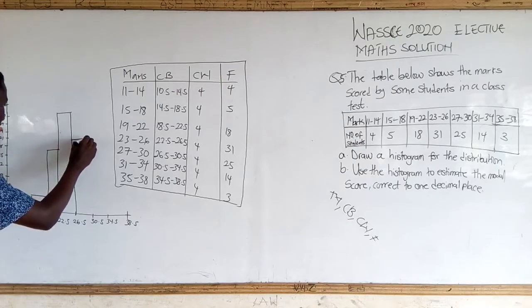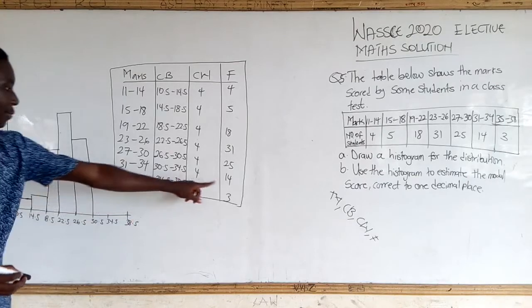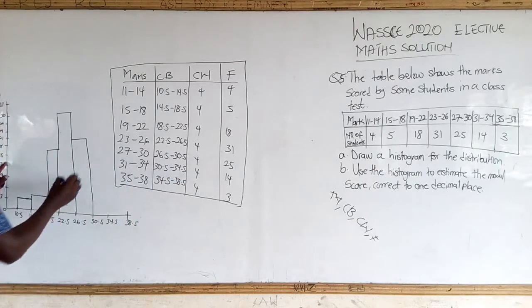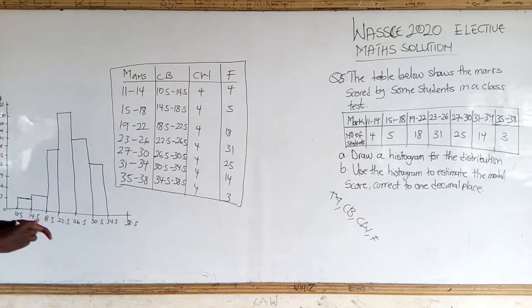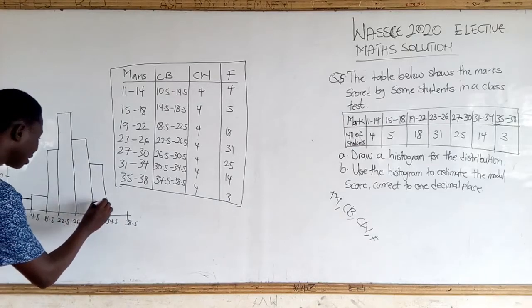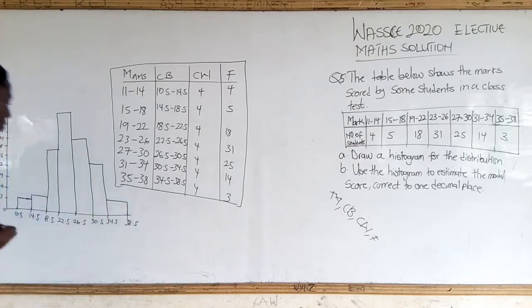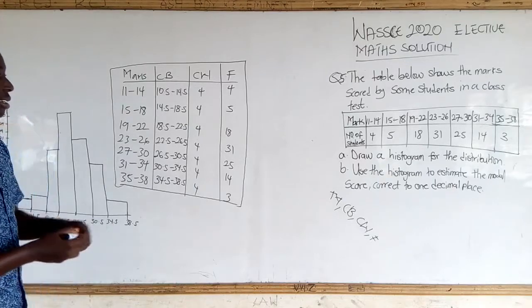Then this one is 14, and this one is 3. Now we are done with the histogram.